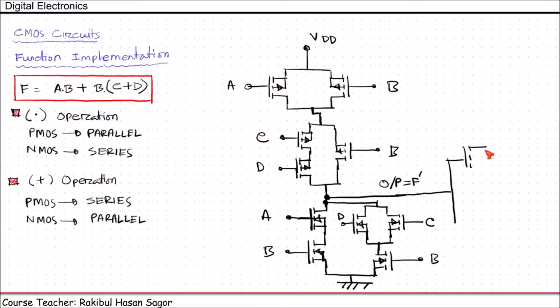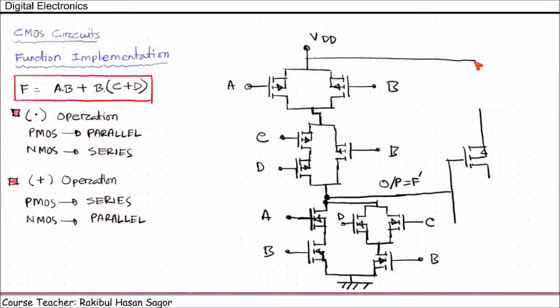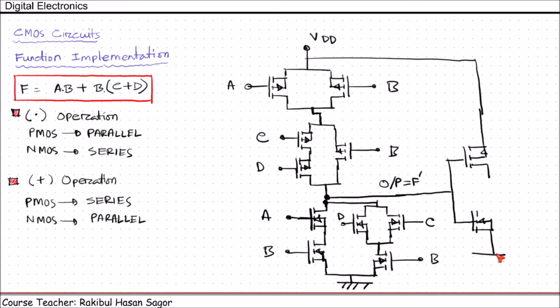We need to place a PMOS here. This is PMOS, and this should be connected with this VDD, and we need to give NMOS here.